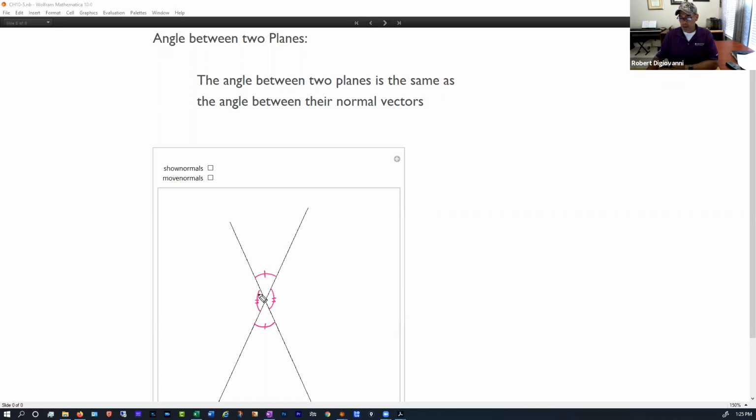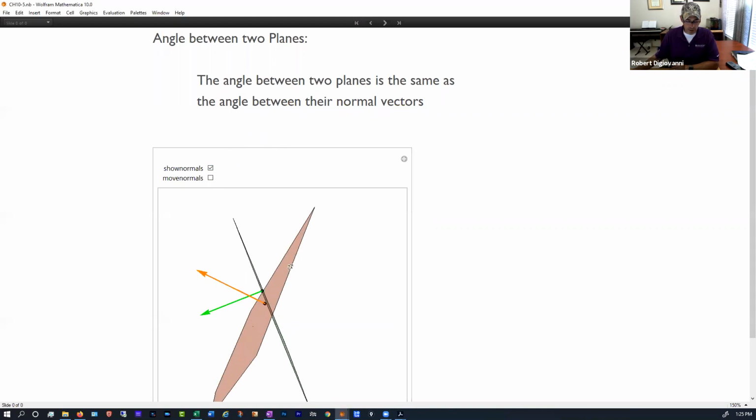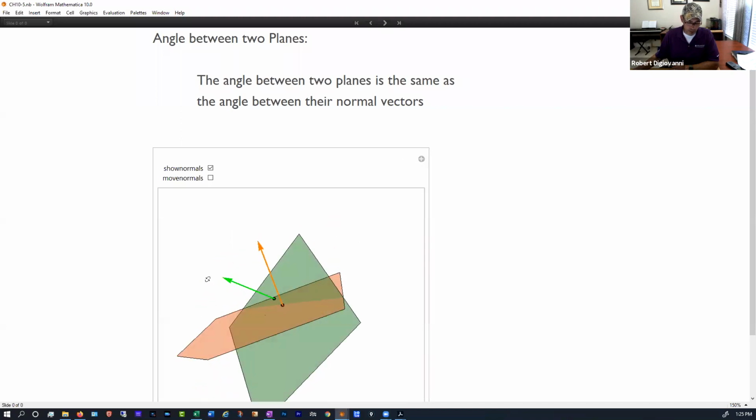So the way we can figure it out is actually pretty easy. Does anyone have an idea? Well, it says it right here: the angle between two planes is the same as the angle between their normal vectors. Does that make sense? Because if I put the normal vectors of these two planes on here, maybe you can see this.